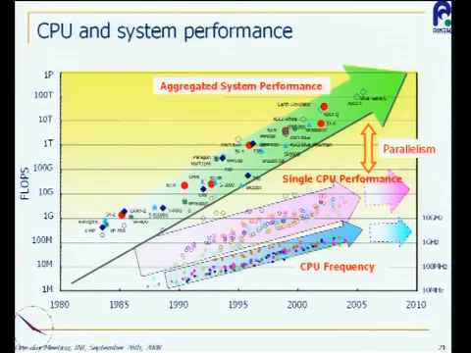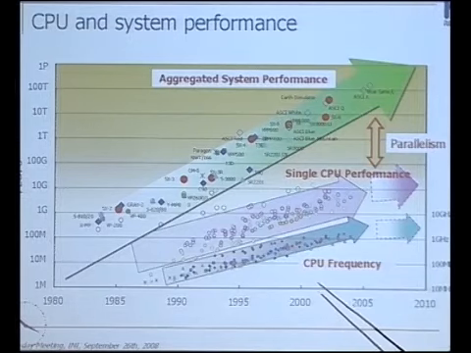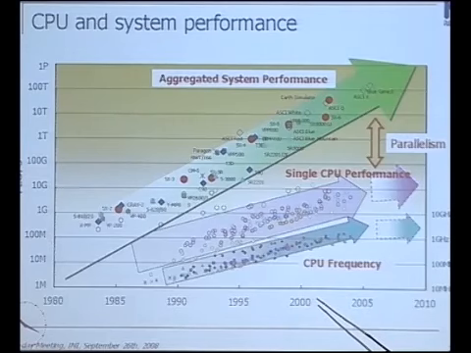This figure shows the increasing rate of the aggregated system performance and also single CPU performance. This figure also shows the CPU frequency rate on the same figure.